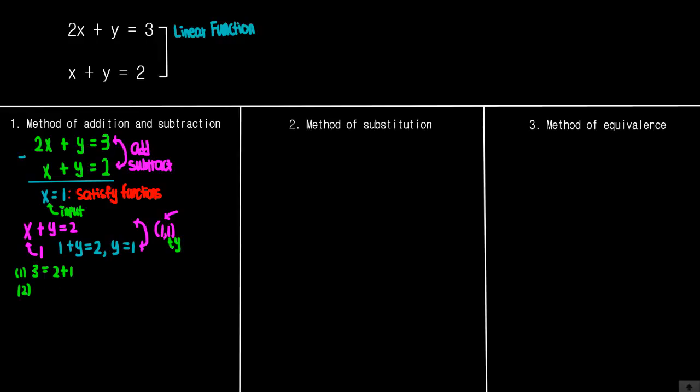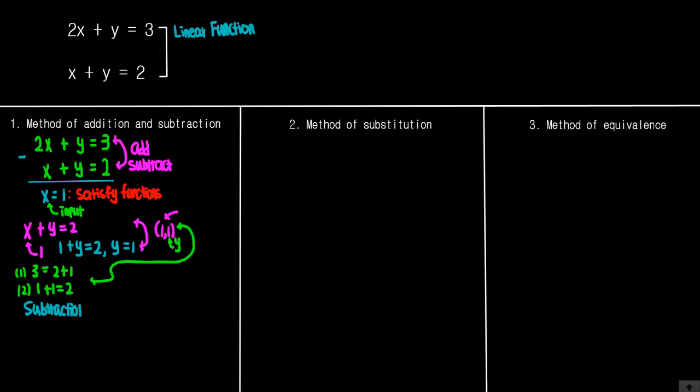When the x value is equal to 1 and the y value is equal to 1, that should be equal to 2. So we could say that this coordinate always satisfies our two equations. And that is the first way we solve simultaneous equations through the method of addition or subtraction, but in this case we used subtraction.